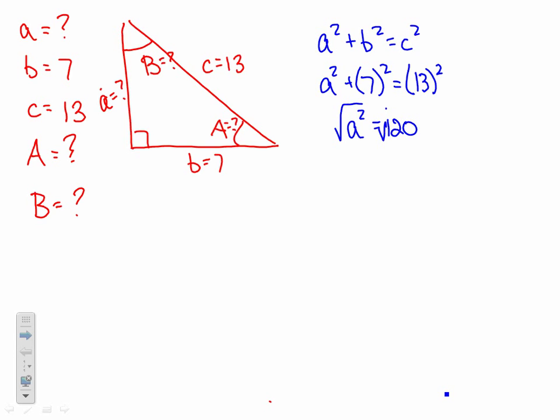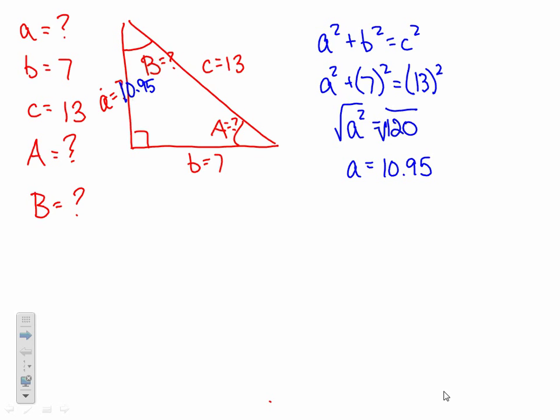And so 120, then we root both sides here to get rid of the squared on the A, and that's going to be 10.95. All right. So we've done pretty well here. We've already found one of our sides using the Pythagorean theorem. So see how this one is different because we have two sides. We can use the Pythagorean theorem immediately and get the third side.